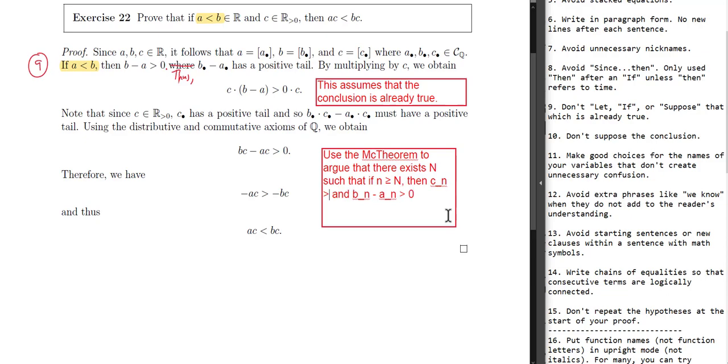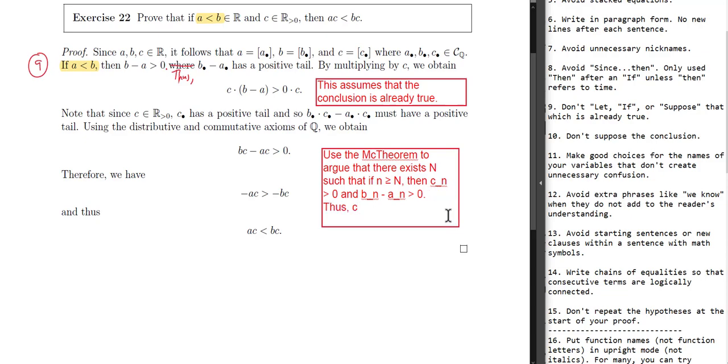Okay, so if you go out far enough in both sequences, they're both going to be positive. And now you can multiply them together and you know that those will be positive, because these are just rational numbers.